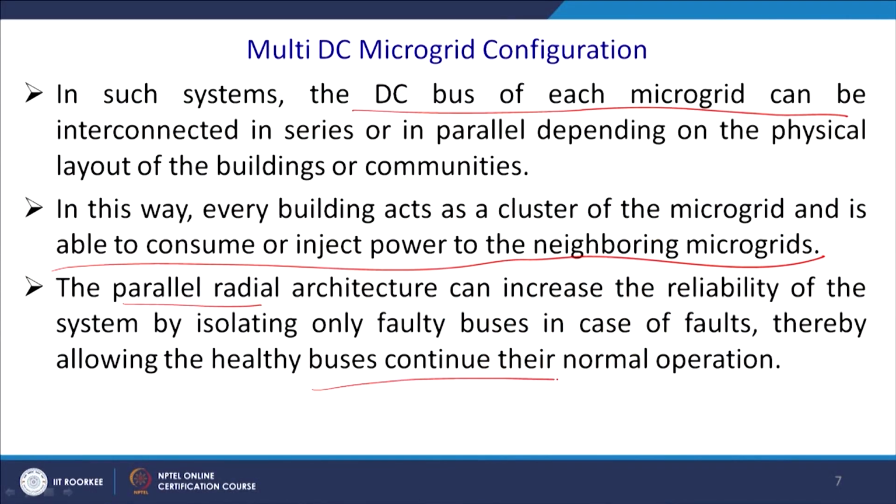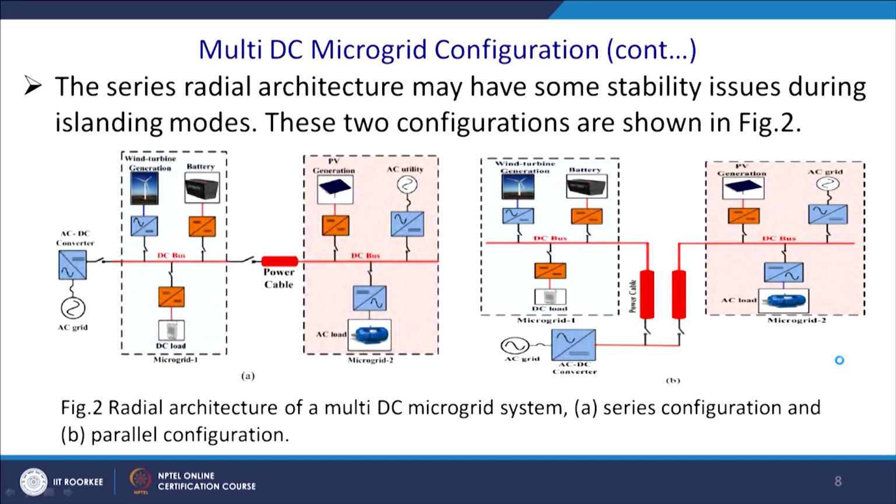Fault locating, fault detection and fault isolation are a very big challenge in a DC microgrid, and this parallel radial architecture has the capability of faster detection, faster isolation and faster elimination of the fault, thereby allowing healthy buses to continue in normal operation mode.